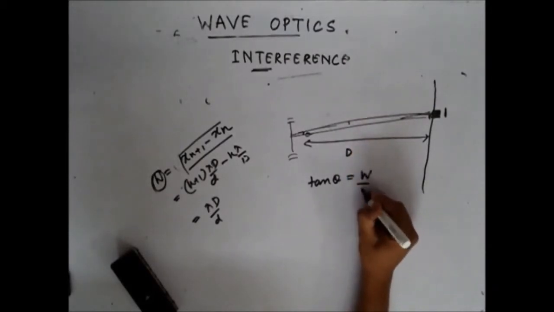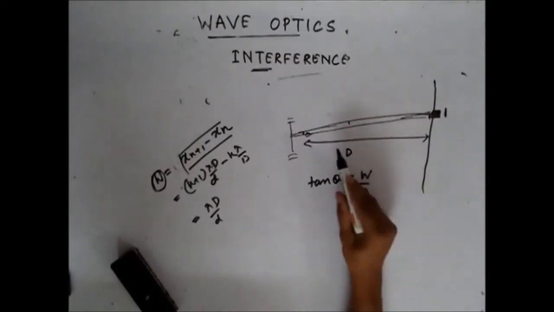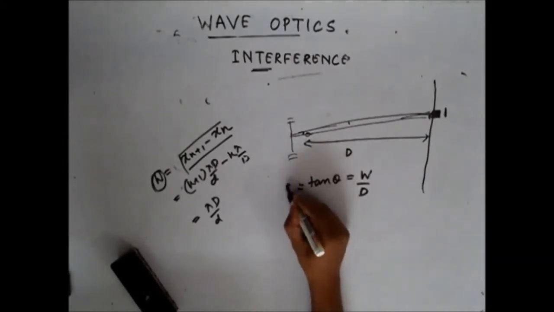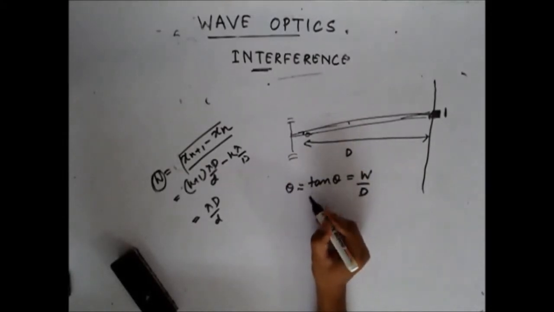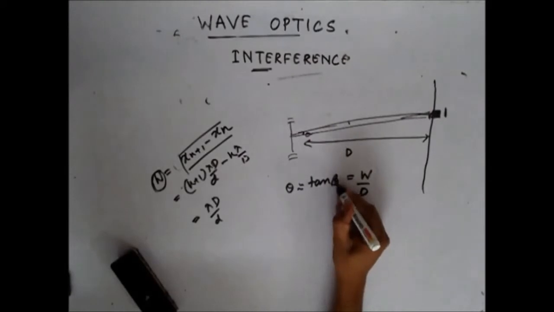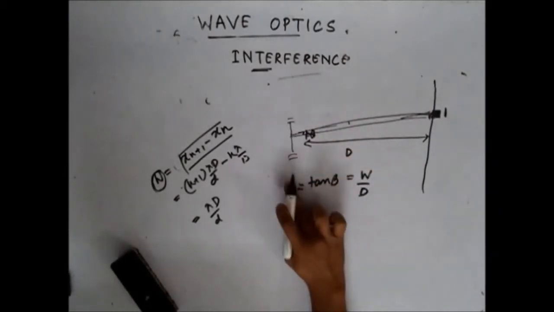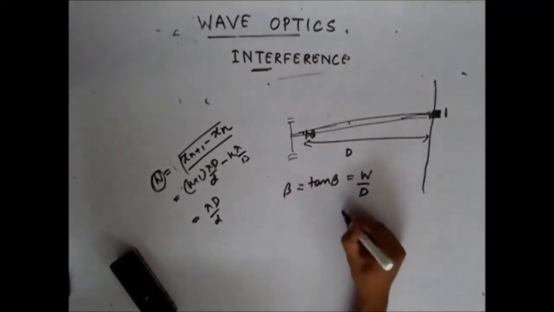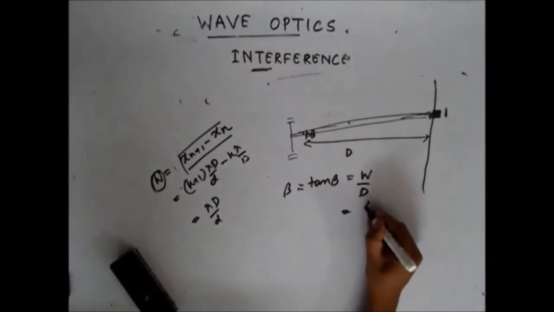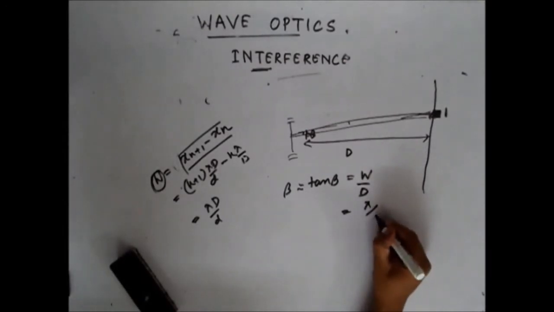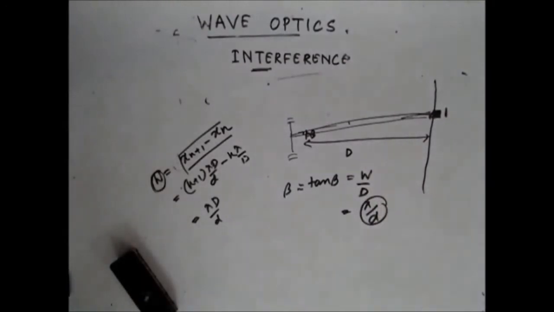Since this theta is very small, I can approximate this as theta, or let's call this angle beta. So tan beta is equal to beta, and if I write this, I get the angular fringe width as lambda by d. So this is the angular fringe width.